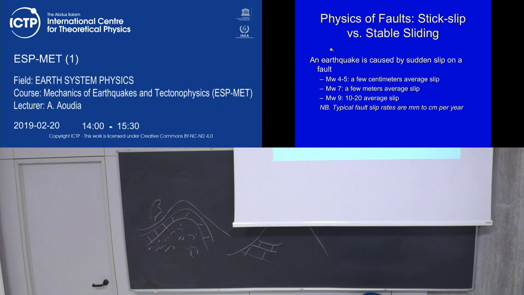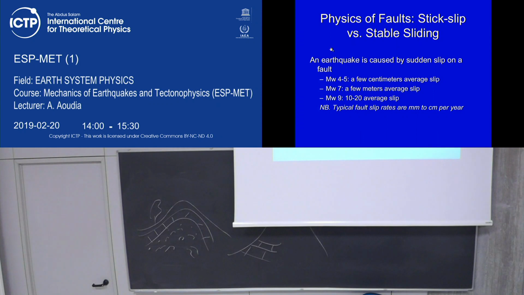The seismic moment M0 is equal to mu, which is the rigidity, times S, which is the surface, times U, which is the average slip, right? Then from M0 you have the moment magnitude.